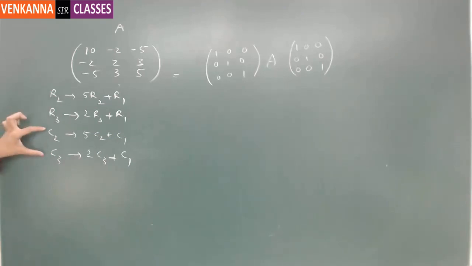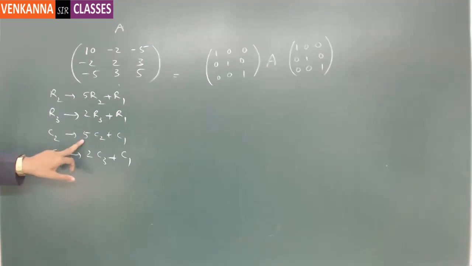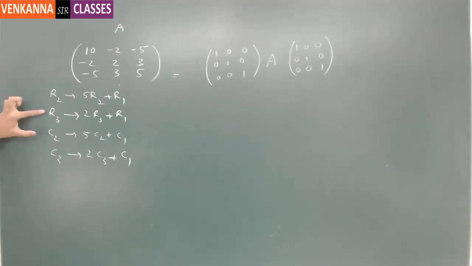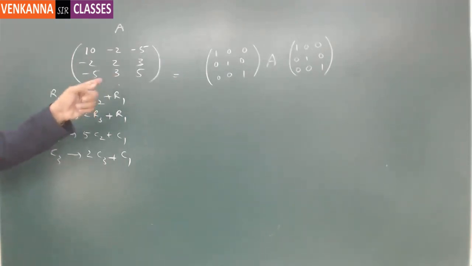Did you observe the pattern? Whatever row operation is applied, the same column operation is applied here. That's what I am mentioning. Whatever operation you have written, the same column operation you are going to apply. Clear or not clear? Because it is a real symmetric matrix, the same thing you are going to apply here.